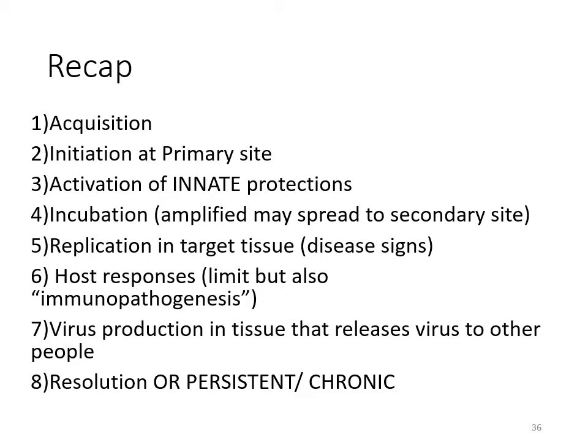What that means is your innate immune system, the first line of defense that your body has, basically things like barriers or enzymes. Tears are part of your innate immune system. Saliva is part of your innate immune system.